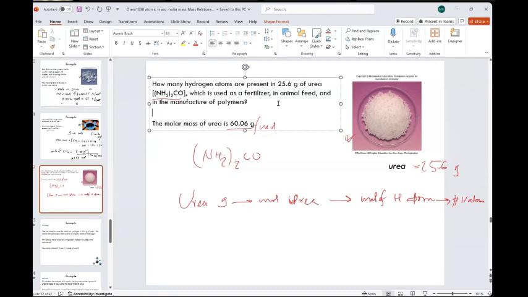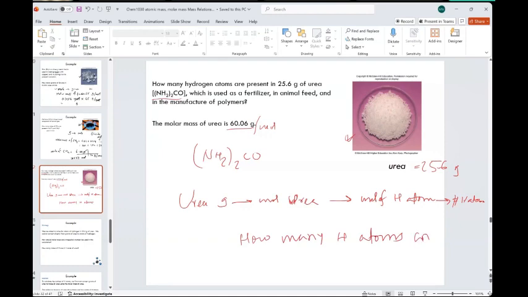No one? We need to understand the concept better. I'm just not understanding this problem. No, forget the problem. My question is how many hydrogen atoms are in 1 molecule of urea? This is my question.